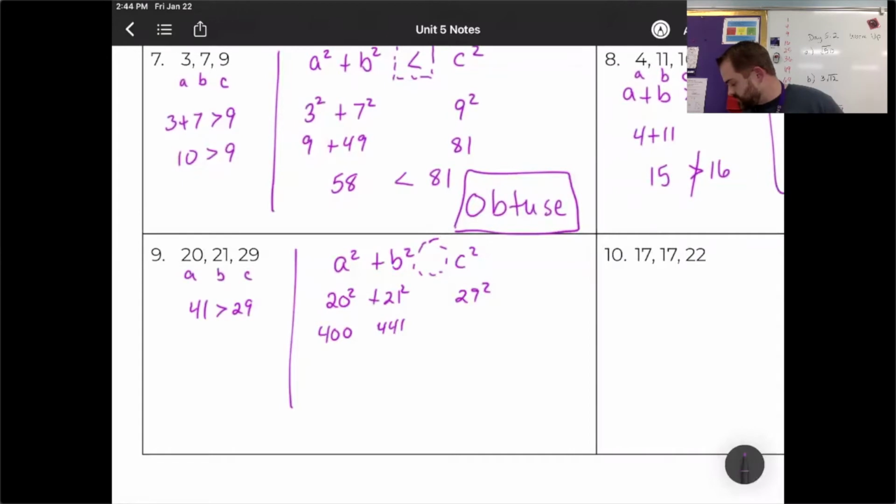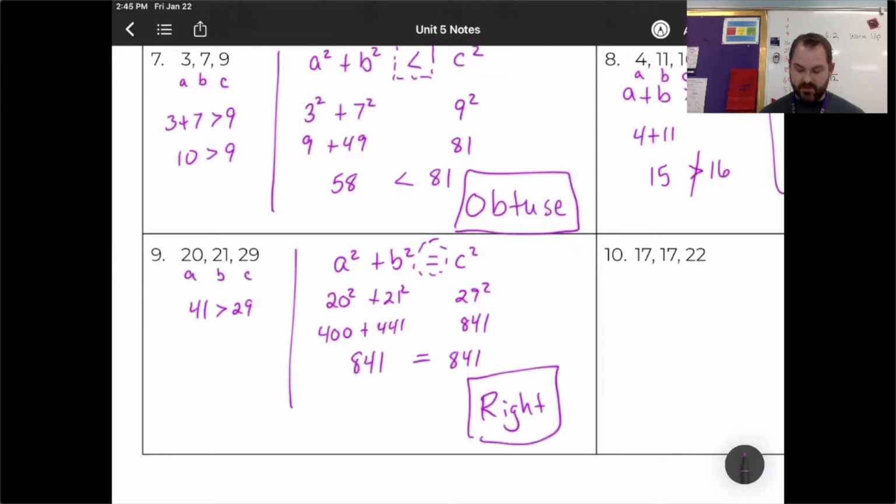And 29 squared is 841. So when I add these two on the left, 400 plus 441, it gives me exactly 841 on both sides. Since that's equal to itself, we know a squared plus b squared equals c squared. That equals makes it a right triangle. Our original Pythagorean theorem works. Okay.